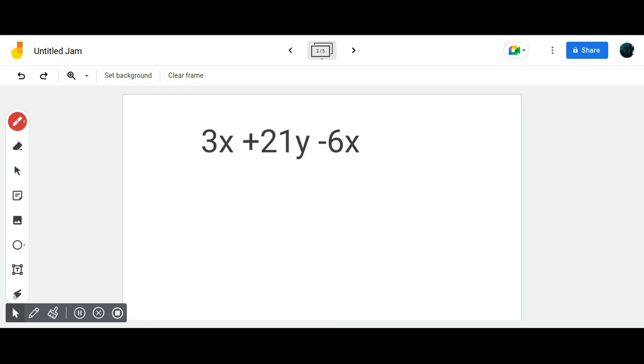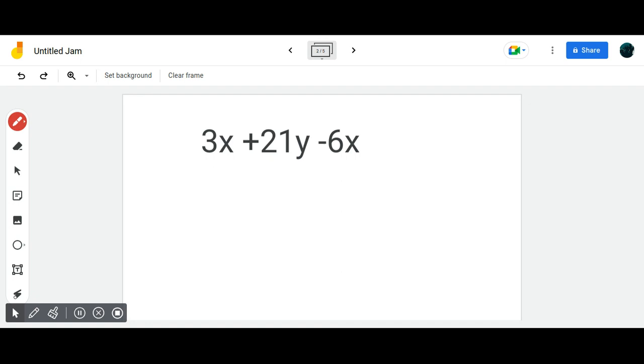Based on our prior knowledge of algebra, we would have known that we can only add or subtract algebraic terms when they are like terms. But in the event where there are no like terms present, then we can't add or subtract them.